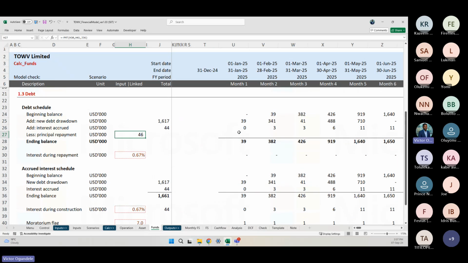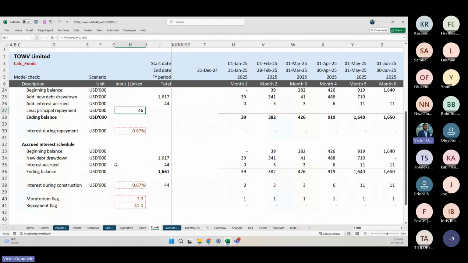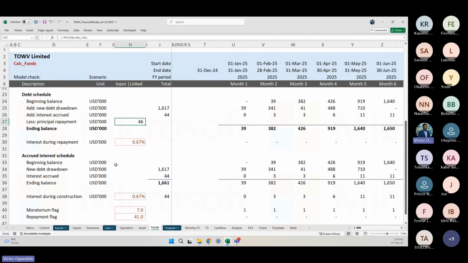All right. Now you come to our debt. Now, the value this PMT is giving us, remember to put a negative in front of it to turn it back to positive. This is inclusive of both the principal that we need to be paying and the interest. Which means over the repayment period, we're supposed to be paying 46,000 USD every month over the next 41 months.